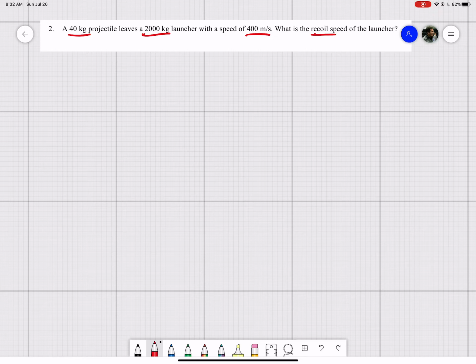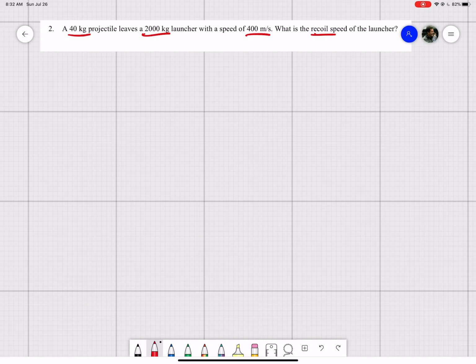This is key. A lot of students might see this and blindly assign the velocity to the wrong thing, whether it's before something happens or after. Is it going to be on the left-hand side or the right-hand side? Well, let's first assign our masses.